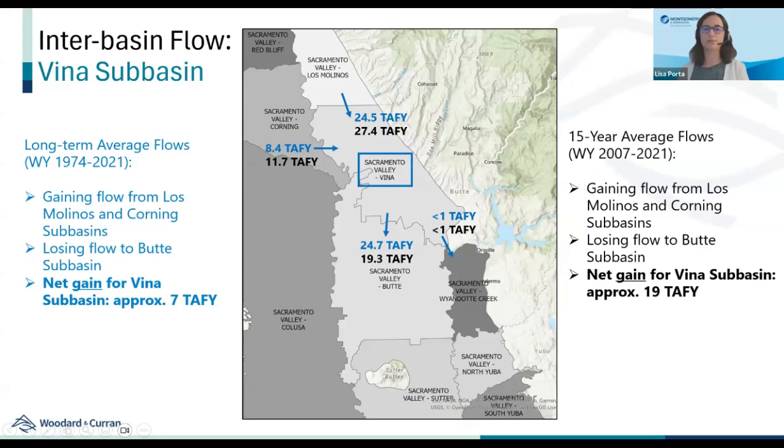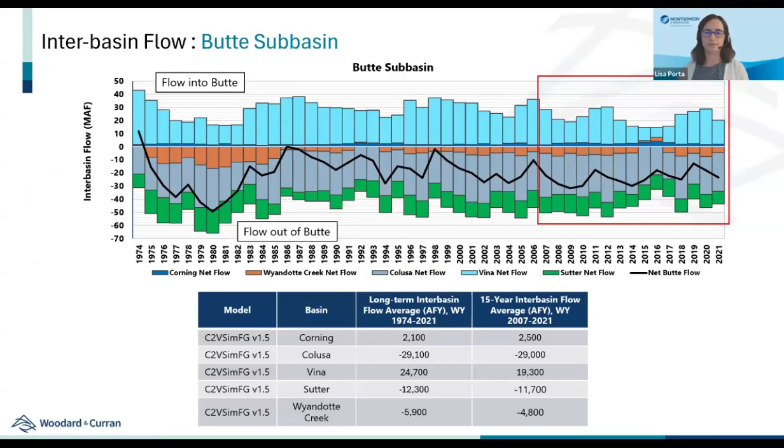So moving into the Butte subbasin, similar approach to the graphic. Above the zero line, it means Butte subbasin is gaining, below it's losing. As you can see here, the black line, which represents the net flow in the Butte subbasin, is always below the zero line.